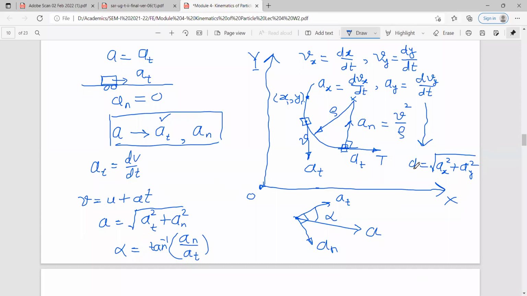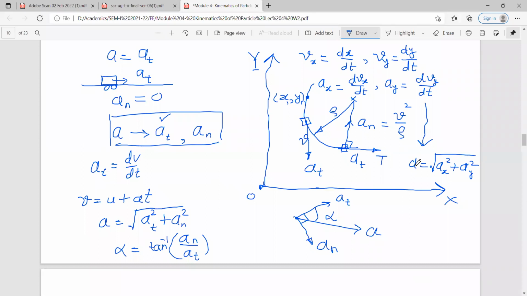And this acceleration which you have calculated here must be the same as this acceleration. Only thing is that this acceleration we resolved along x and y axis, or the same acceleration if I resolve in two random directions which are mutually perpendicular. Okay, so their formula is like this.